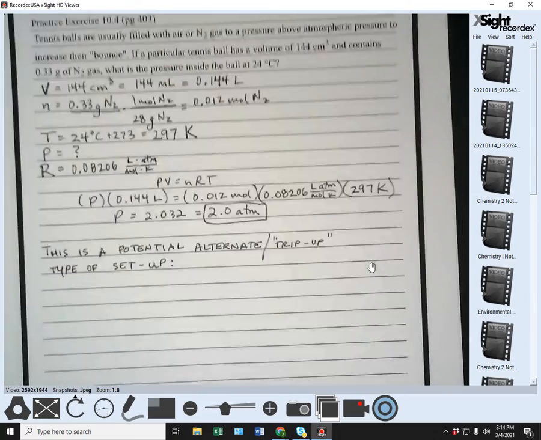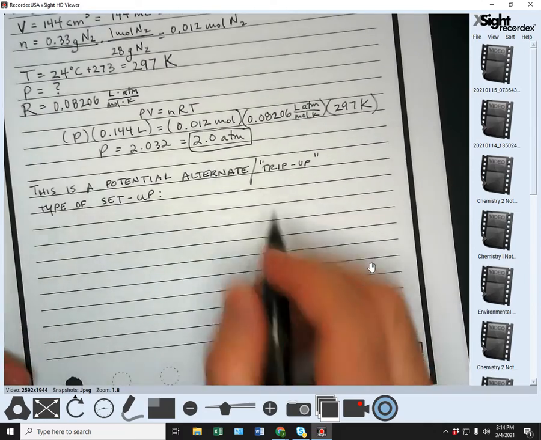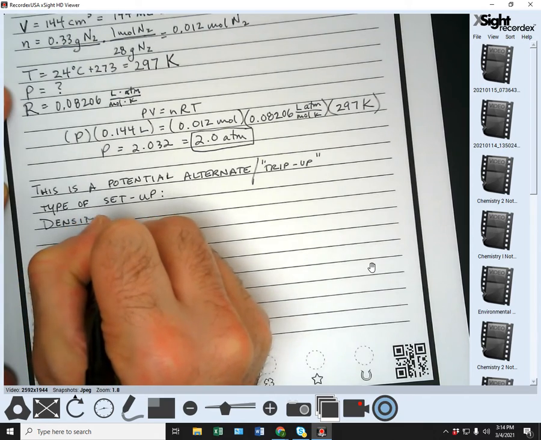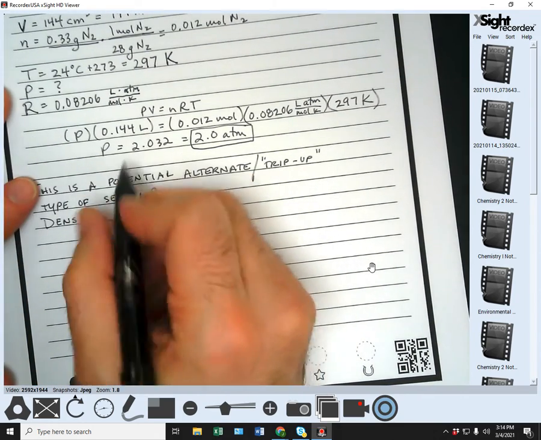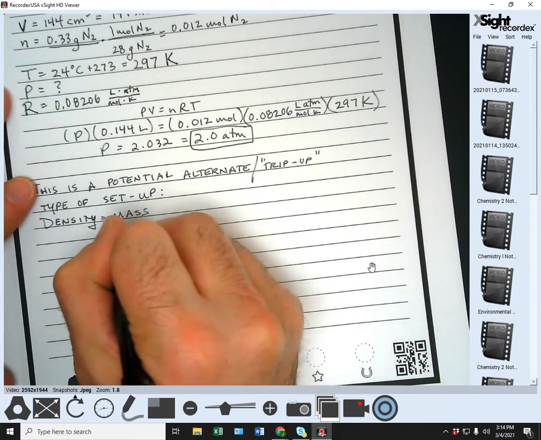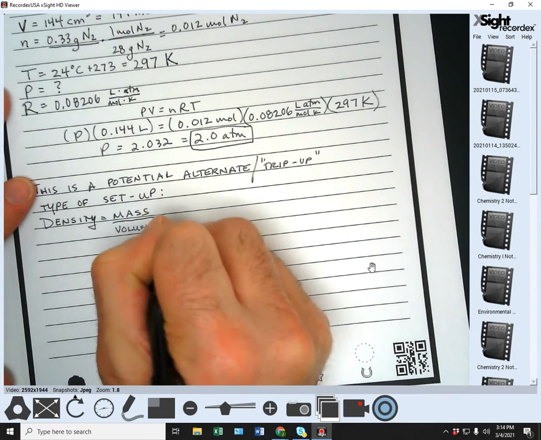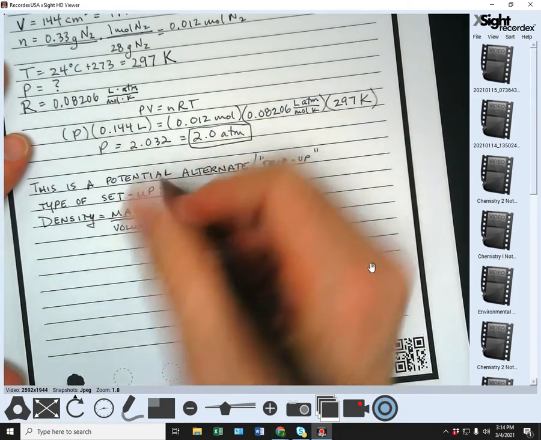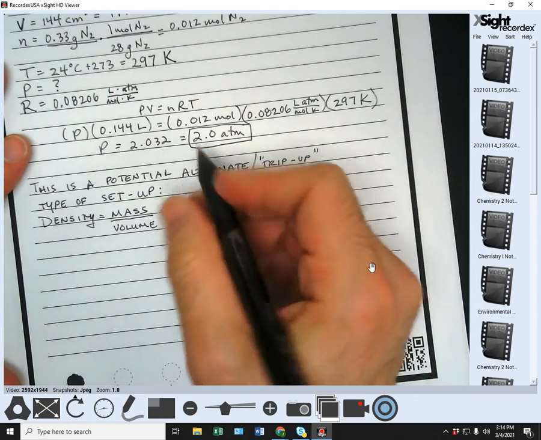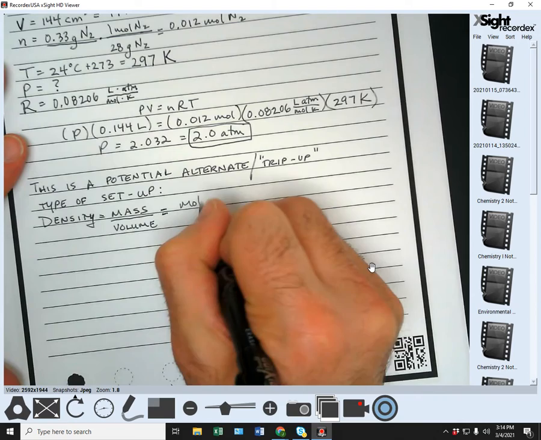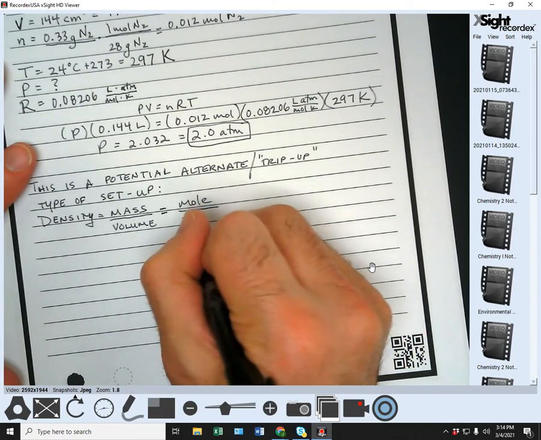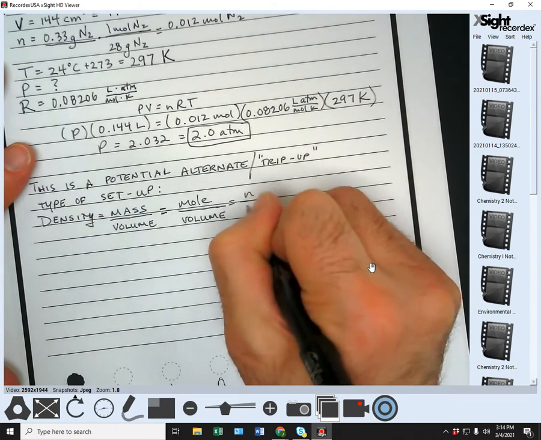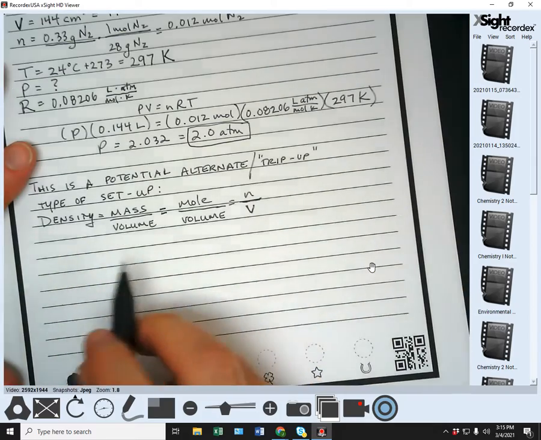They can use density. So density is mass divided by volume, and you can convert mass into moles or moles into mass. So it's essentially moles over volume, or n over V, is density.